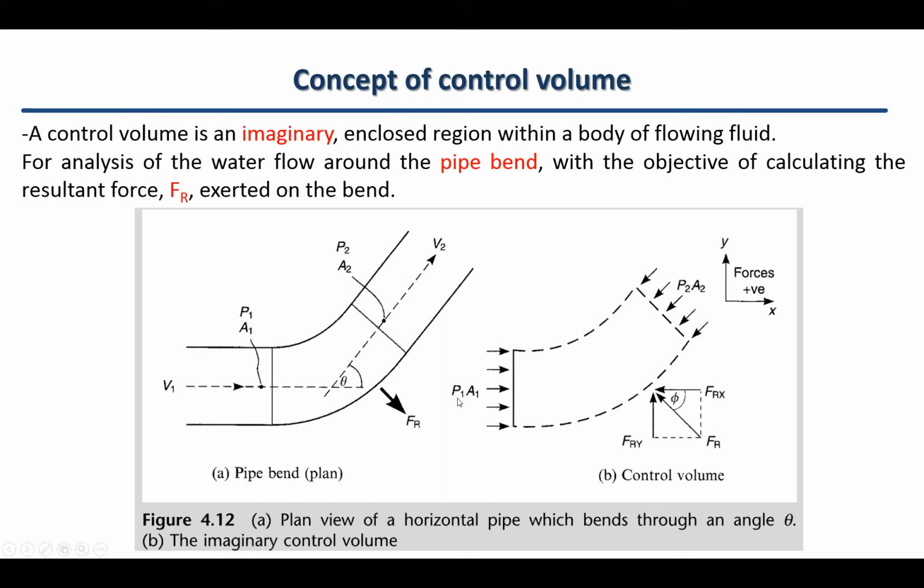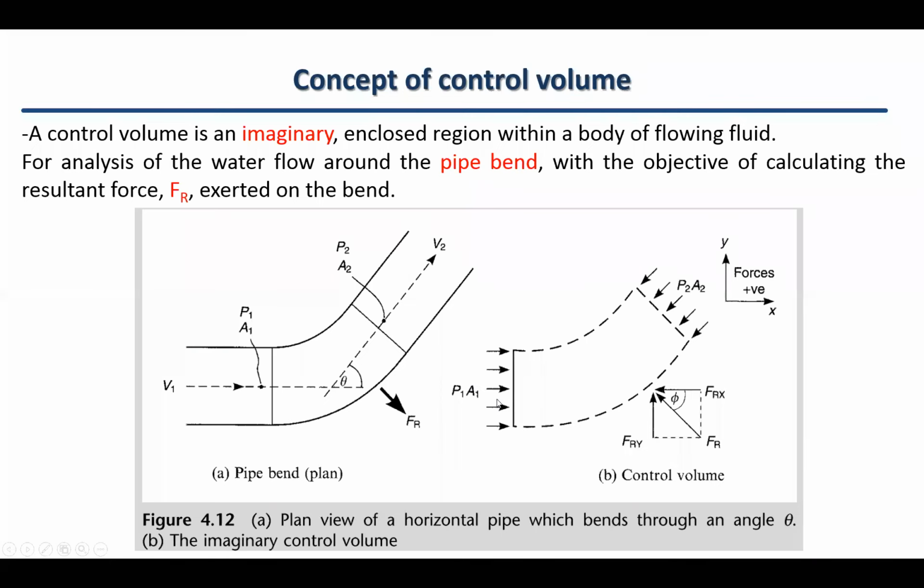F1 can be written as P1 times A1. Remember, force is pressure times area, or pressure is force divided by area. So this is the pressure distribution times the area.